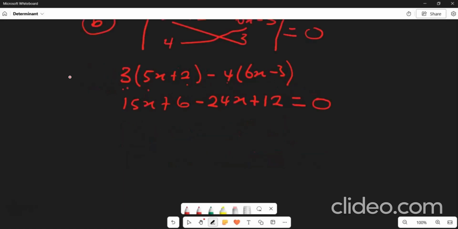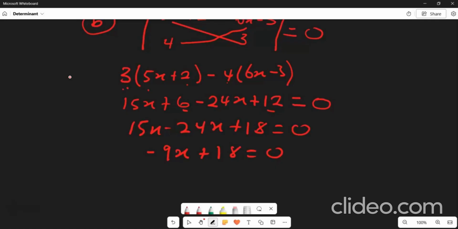So let's do our simplification. 15x minus 24x gives minus 9x, and 6 plus 12 gives us 18, equal to 0.